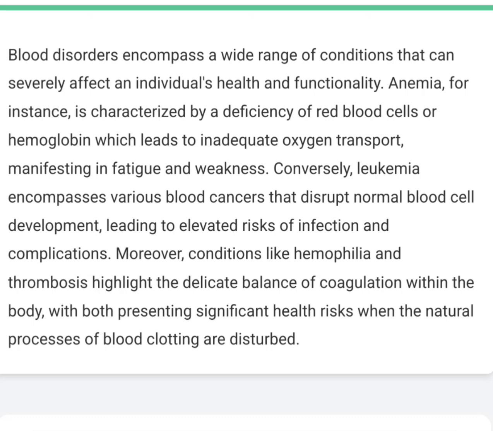Conversely, leukemia encompasses various blood cancers that disrupt normal blood cell development, leading to elevated risk of infection and complications. Moreover, conditions like hemophilia and thrombosis highlight the delicate balance of coagulation within the body, presenting significant health risks when the natural process of blood clotting is disrupted.